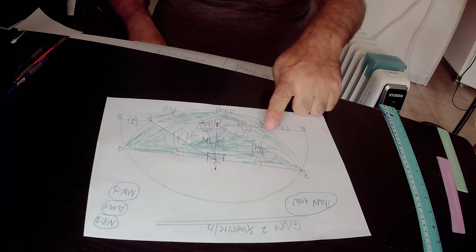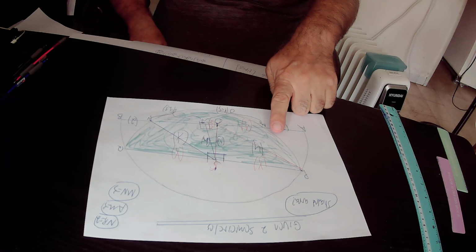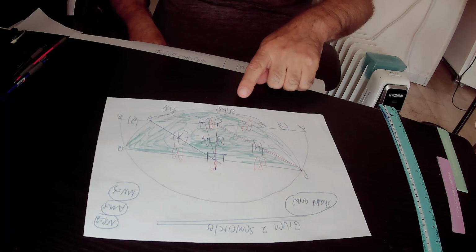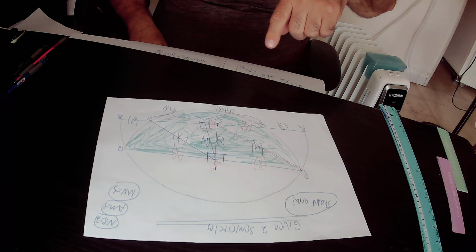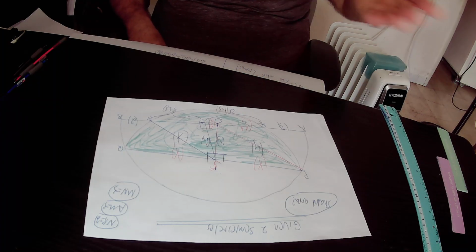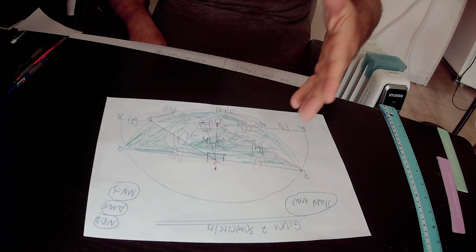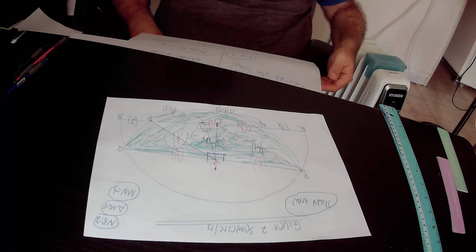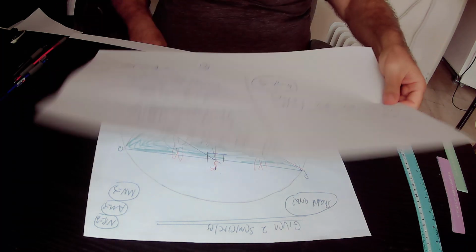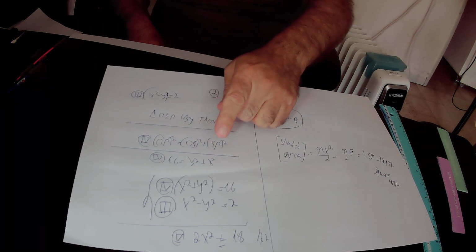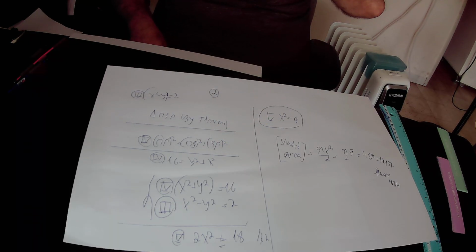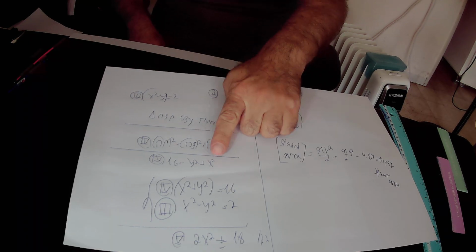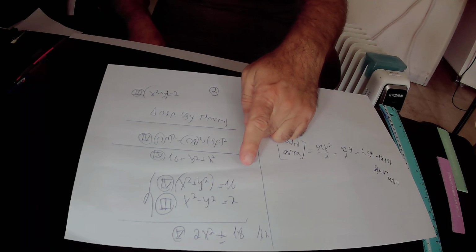OP is 4, therefore OP squared is 16, and it equals SP squared plus OS squared. SP is x, therefore SP squared is x squared. OS is y, therefore OS squared is y squared. So in total, 16 equals x squared plus y squared. This is equation 4.